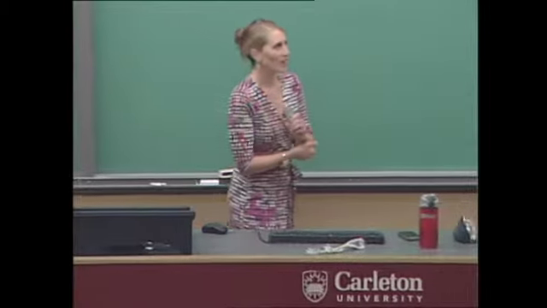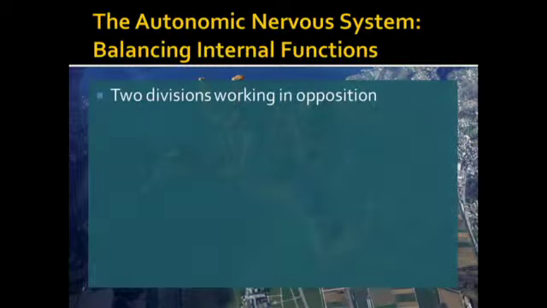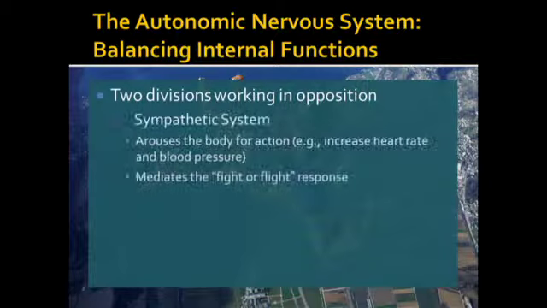So a little bit more about the autonomic nervous system, because the autonomic nervous system is responsible more for balancing of the internal functions. So somatic nervous system, movement and sensation. Autonomic nervous system, digestion, heart rate, respiration, etc. So remember, there are two divisions working in opposition. The sympathetic division of the nervous system is the one that's involved in fight or flight.